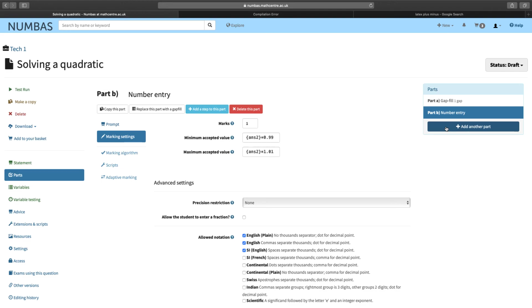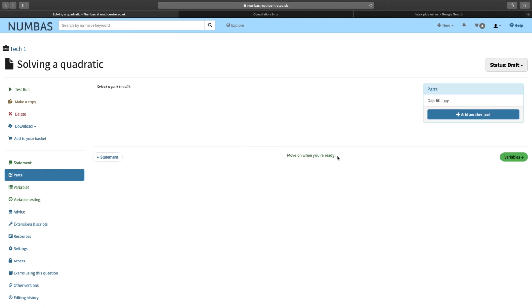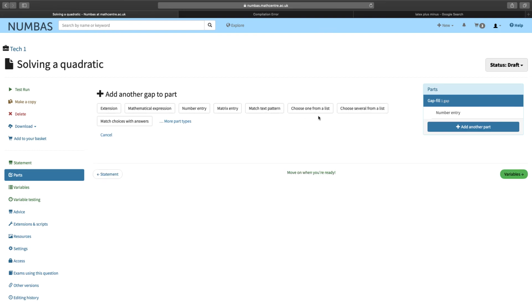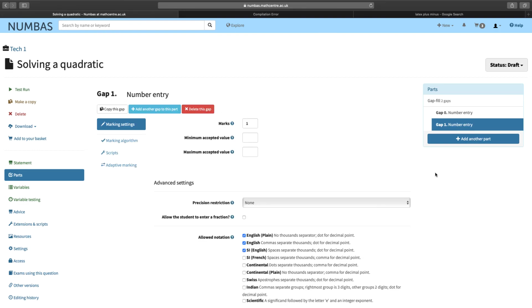I think I must have put in a part by mistake. That's what I did. Okay, look at this part. Right, so we've got one gap here. I think I must have put the wrong bit in. Add the gap to this part. It should be number entry. That's looking better now.